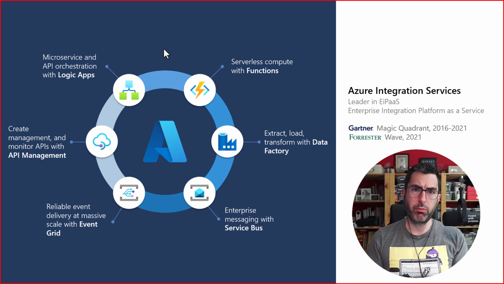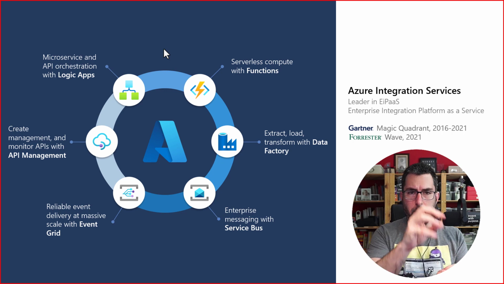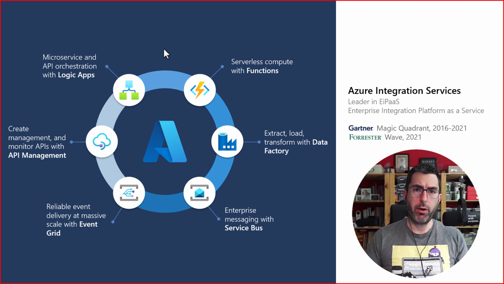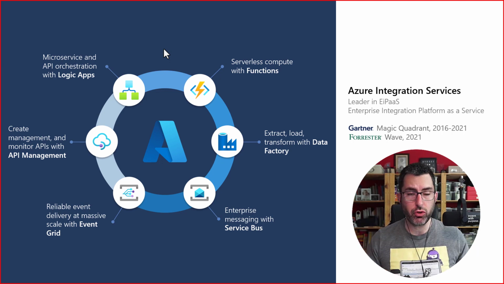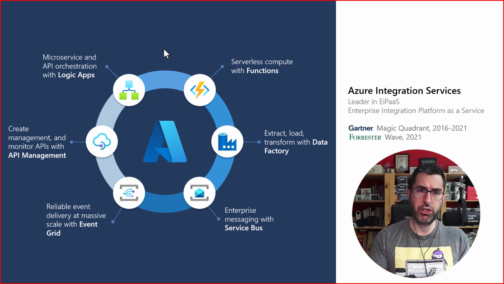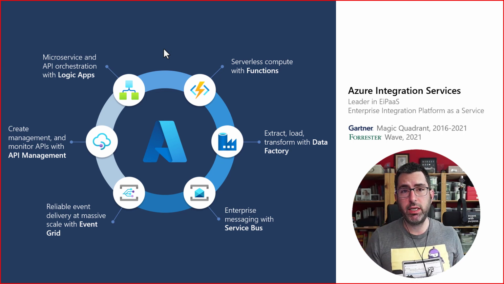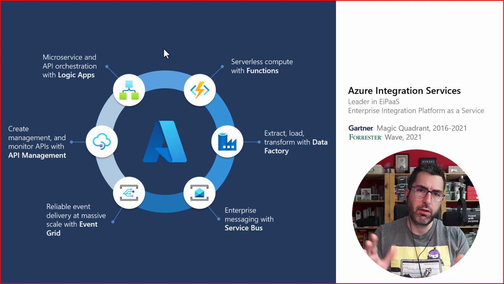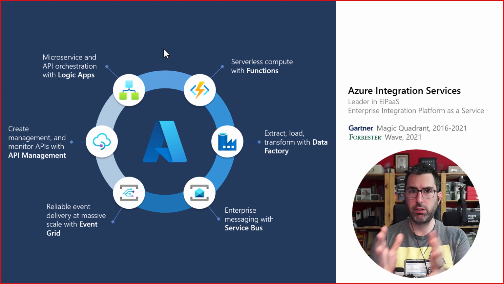So instead, you might prefer to have, hey, what if I had literally a box that I can drag and drop onto my screen and then be done with it? What if it was a component that I could integrate into my visual design space and kind of use that integration out of the box? And we call these connectors. There are two different levels of connectors, some are enterprise connectors, some are standard connectors.